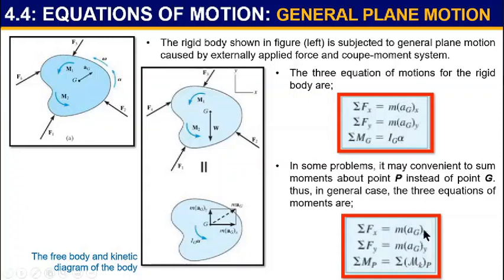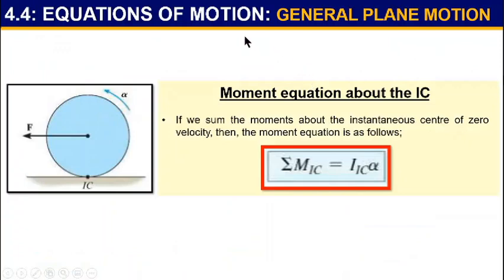For this type of question, general plane motion, we can also use the IC to determine the total moment of the system. If we sum the moments about the instantaneous center of zero velocity, then the moment equation is MIC equals IC alpha.